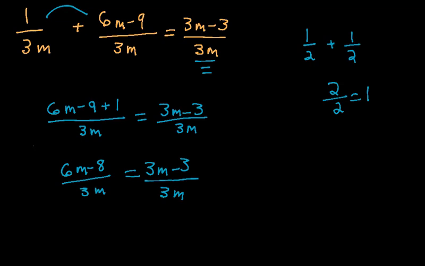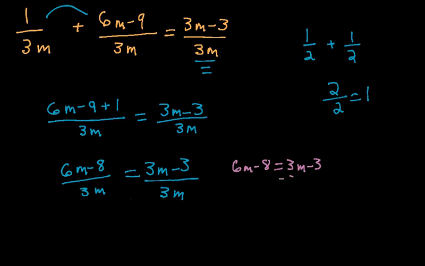Since the denominators are the same, and we're just trying to find the value of m, we can just drop them. If we drop them and consider our numerators, we have 6m minus 8 equal to 3m minus 3. Now it's just some pre-algebra.